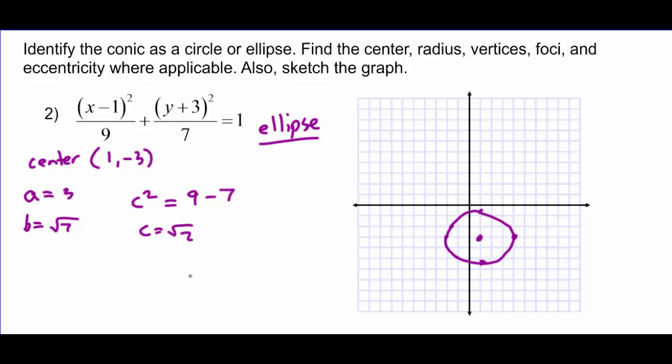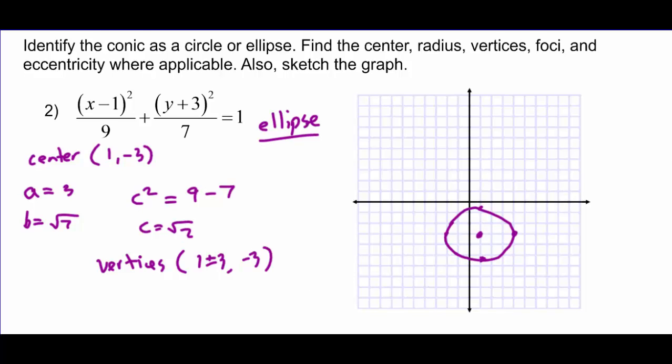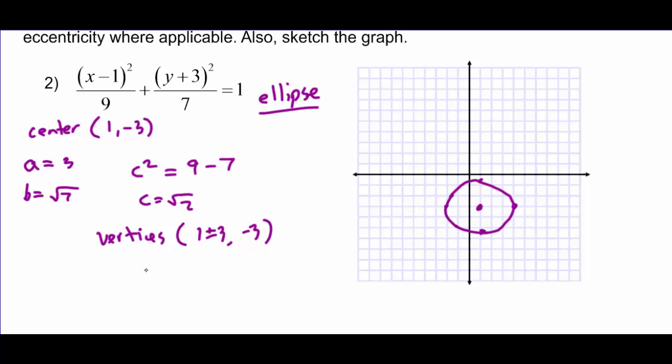So I don't actually have to write the 2 points out separately. If you'd like to, you could do it like this. The vertices are 1 ± 3, -3. Now, of course, that's the same as saying 4, -3, and -2, -3. You can do it that way too.